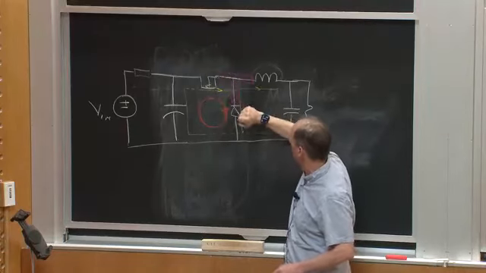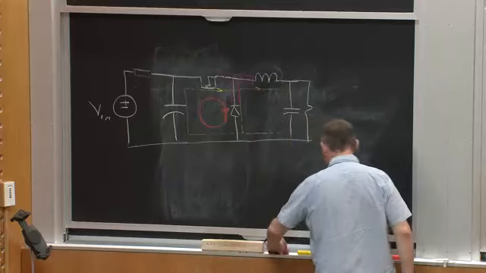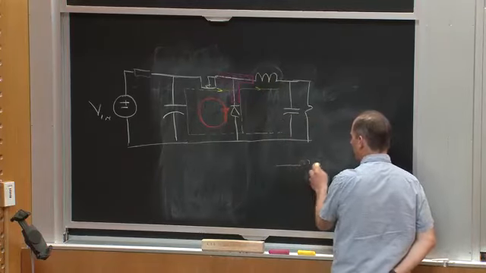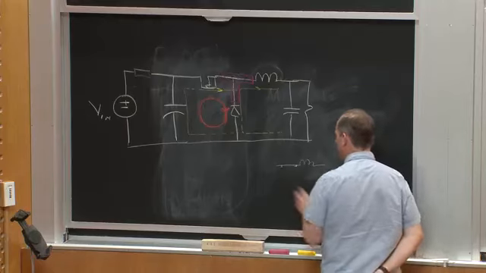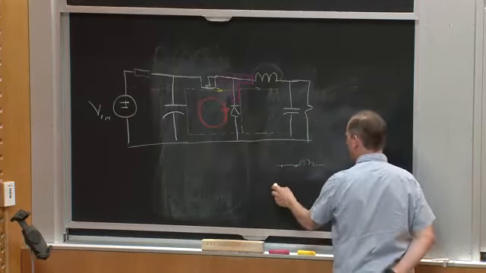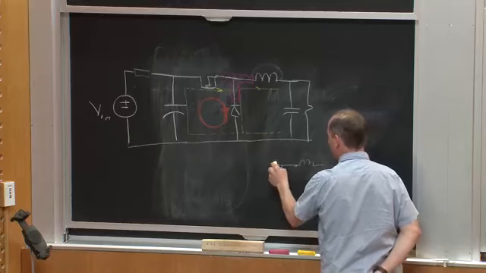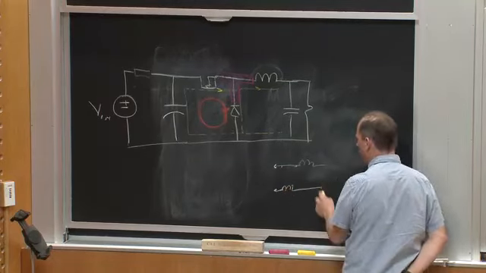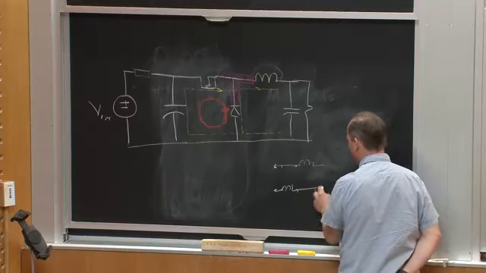If I imagine that maybe I could place my inductor over to the right and have a long lead going between the switch and diode node and the inductor, or I could put the inductor here and then have a long lead going to the output capacitor.